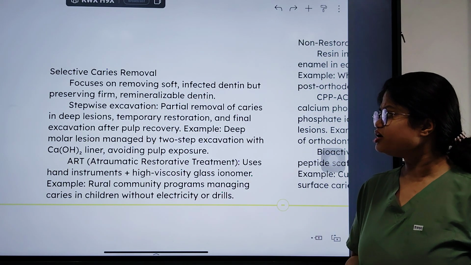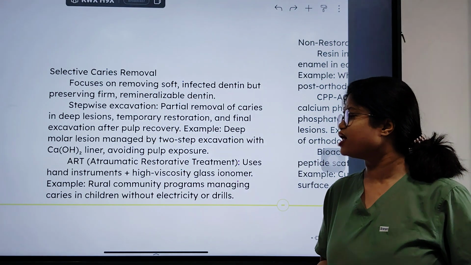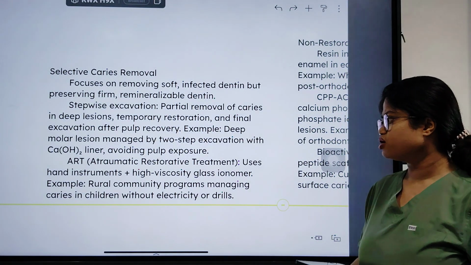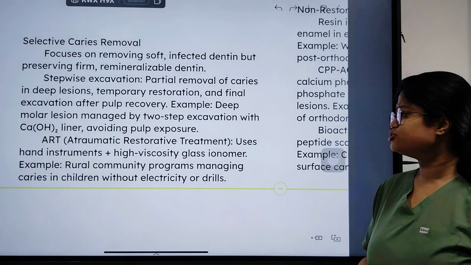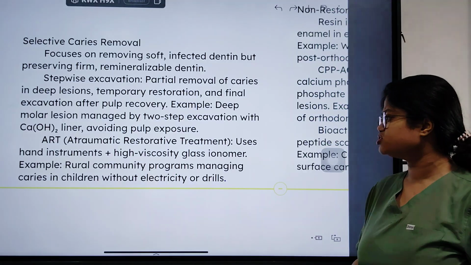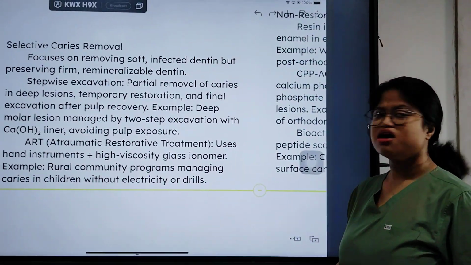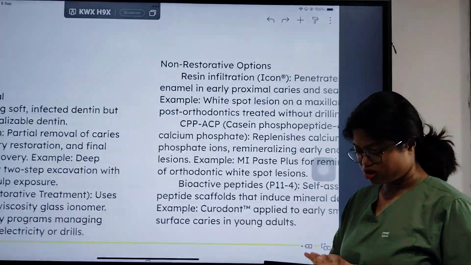A deep molar lesion is managed by two-step excavation techniques, such as with the use of a calcium hydroxide liner, avoiding pulp exposure. Coming to atraumatic restorative techniques, these use hand instruments and high viscosity glass ionomer, specifically in rural community programs, managing caries in children without electricity or drills.